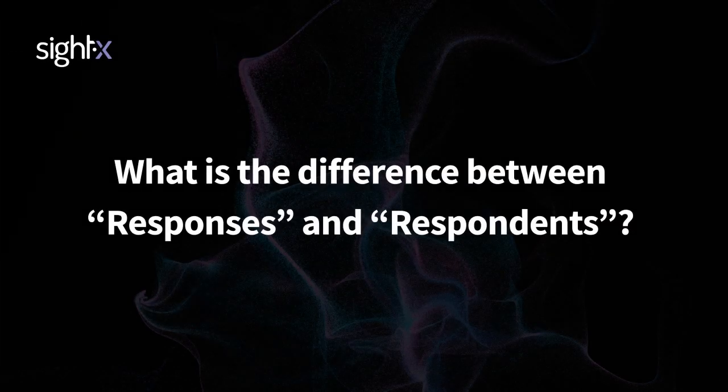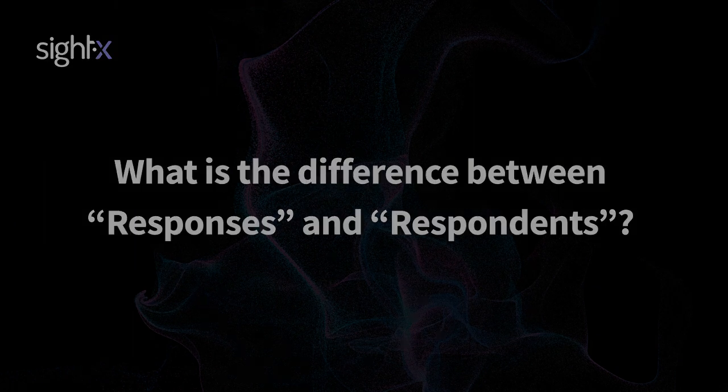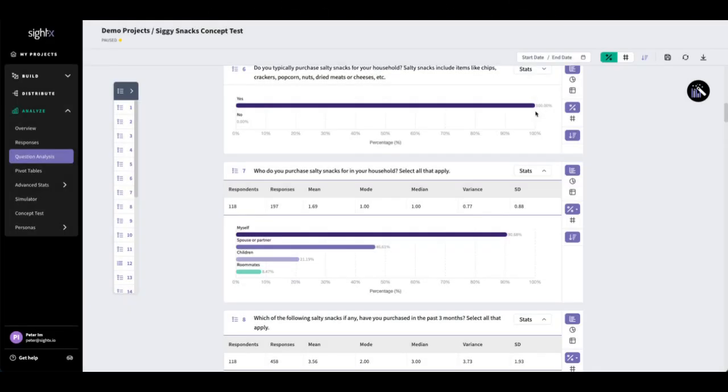What is the difference between responses and respondents? When we talk about responses, we refer to the number of answers provided by the people who answered a survey. For most question types, the number of responses is equal to the number of respondents. However, in the case of multi-select questions, the number of responses can be greater than or equal to the number of respondents.